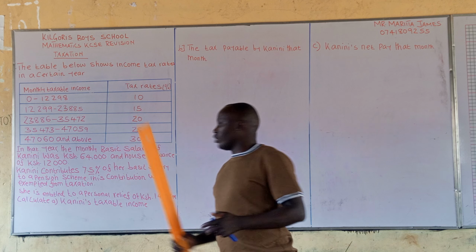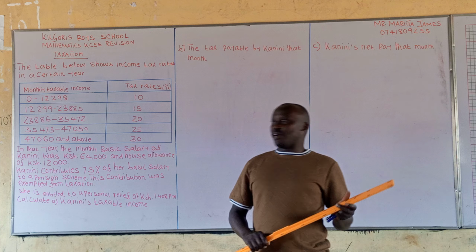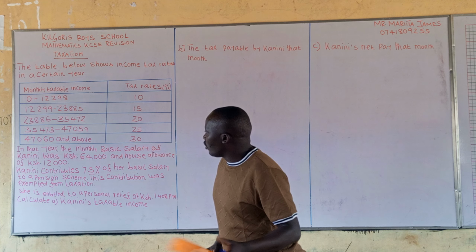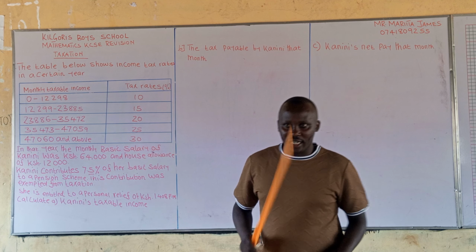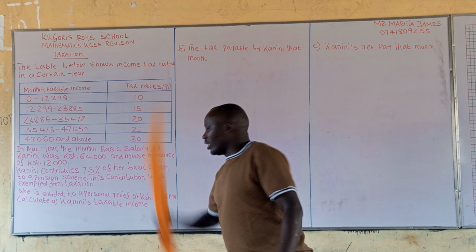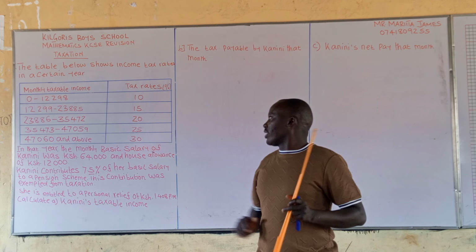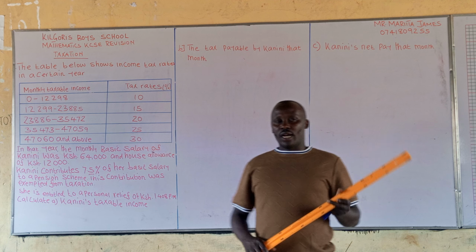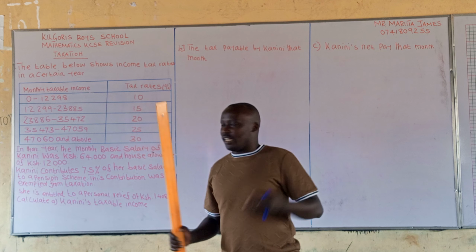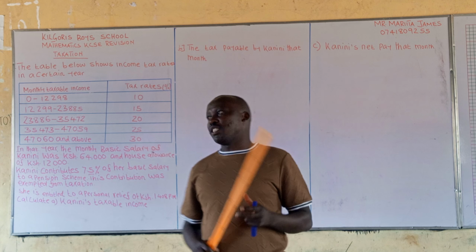So we have 0 to 12,298. The rate is given as 10%. Then we have 12,299 to 23,885. The rate is 15%. 23,886 to 35,472.